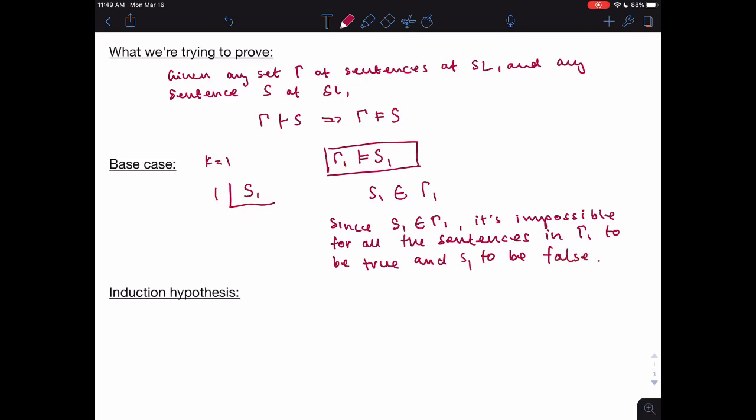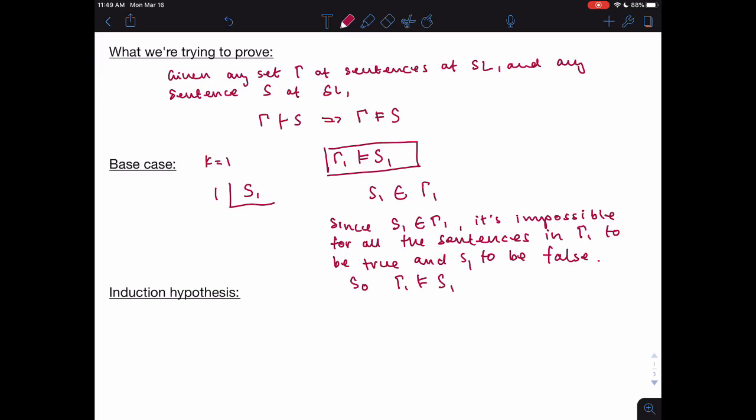And that's because S1 is contained in gamma 1. So any truth assignment of gamma 1 that makes all the members of gamma 1 true must also make S1, which is one of the members of gamma 1, true. So we can conclude from this that gamma 1 truth functionally entails S1. Okay, that completes the base case.